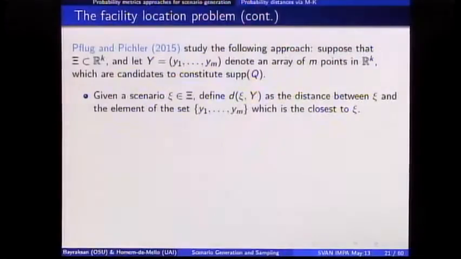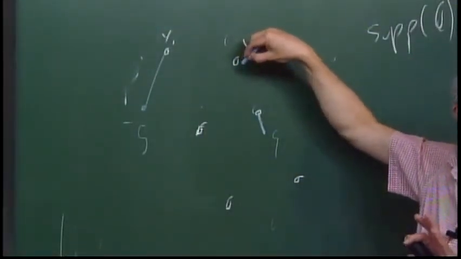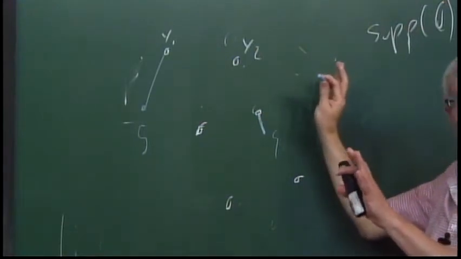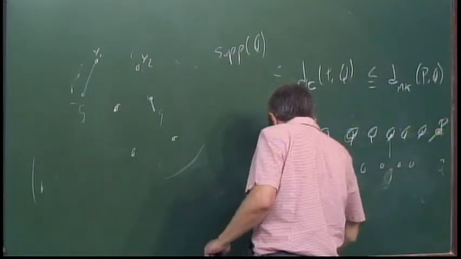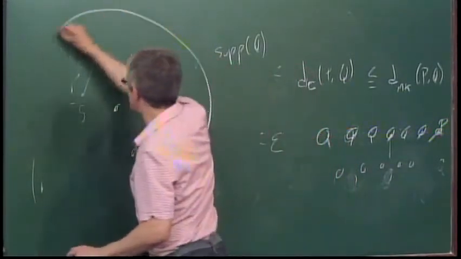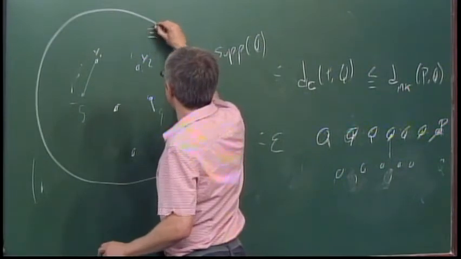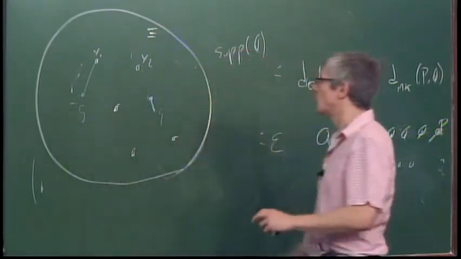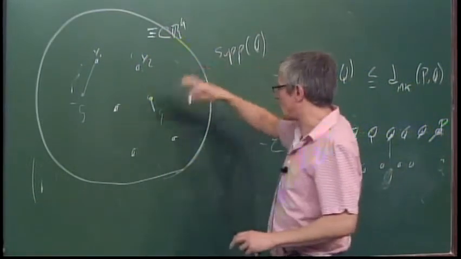The distance between C and this set is the distance between C and the closest point in the Y set. Is that clear? So Y is now a discrete set, which is a subset of the larger space, a subset of R^k, where our scenarios could be.